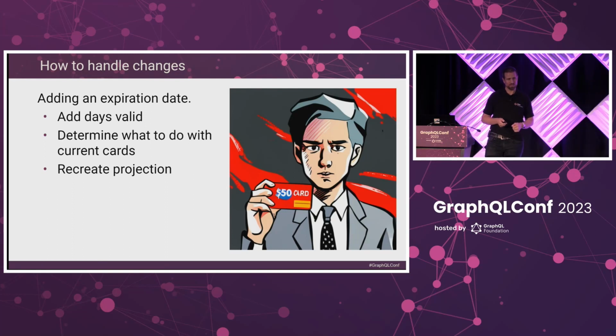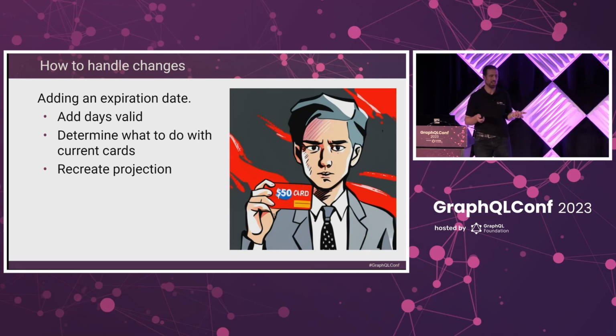So I have enough time for the demo, so that's nice. How to handle changes. For example, if we want to make this a bit more complex and add validity to cards, it makes sense that you can't use the same gift card for years. So we find some way in the command to add how many days are valid, but of course there are already existing gift cards.